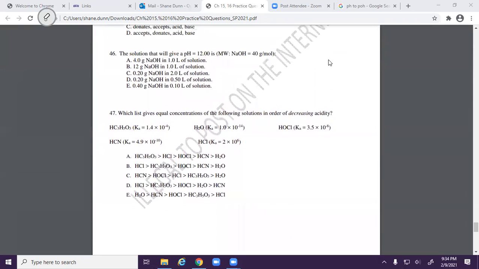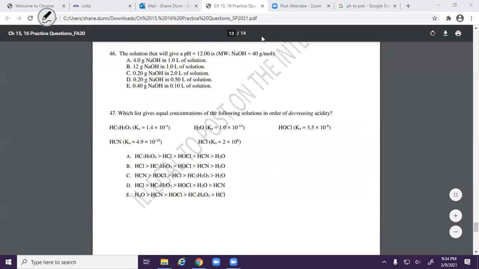Oh God, 46 is the hardest one, because it's so much work. Anytime you're given pH, pOH, it's always concentration. What's another way of saying concentration? Molarity.